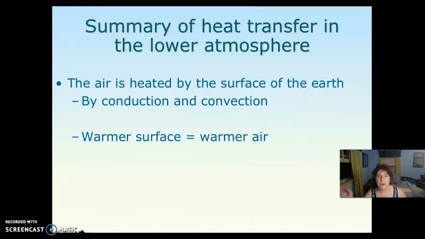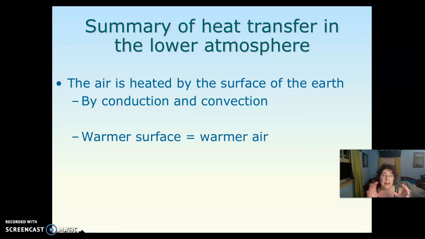Just to sum up heat transfer and what you've done up until now, you have looked at the air being heated by the surface of the earth. The air is not heated by the sun. The air is heated by conduction in the first few inches, from the surface to about 6 to 7 inches above the surface of the earth. And then convection moves parcels of that air up into the upper atmosphere, where warm air rises.